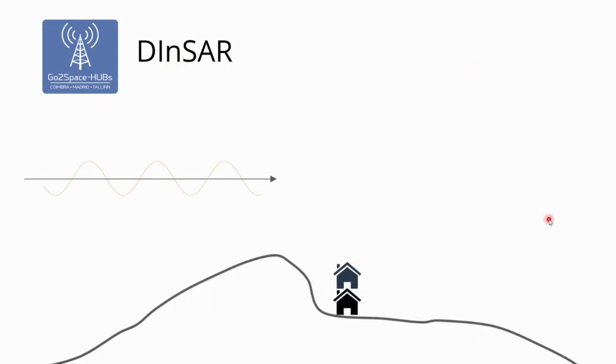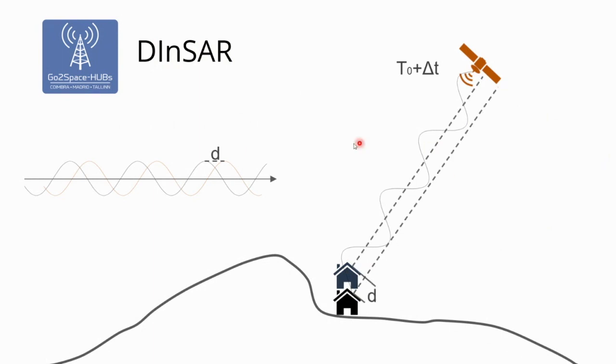Between the times something changed, there's some deformation, displacement, whatever, and again we are over this object, and we again take this image. Again, we receive and register this phase, but here the phase is different. So we can see that the phase is different, and basing on this difference in phase, we can calculate the displacement. And actually, it's very, very accurate.